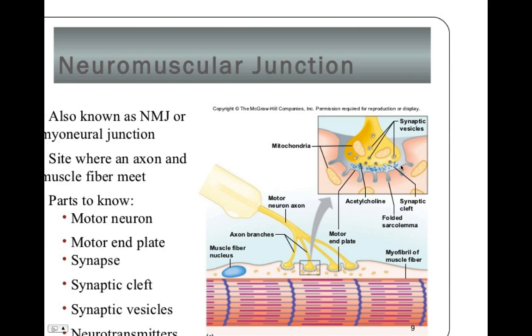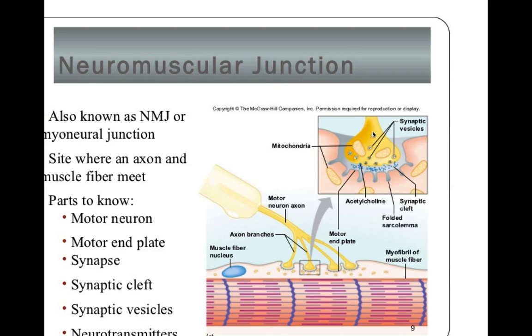Technically, the motor end plate, here it says the motor end plate, is the part of the muscle that is actually responding to the chemicals, the neurotransmitters that the axon is releasing.